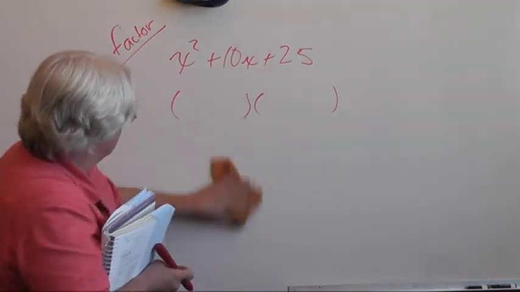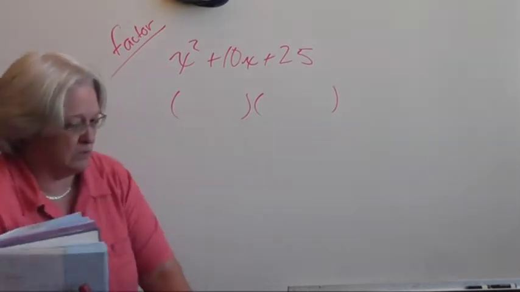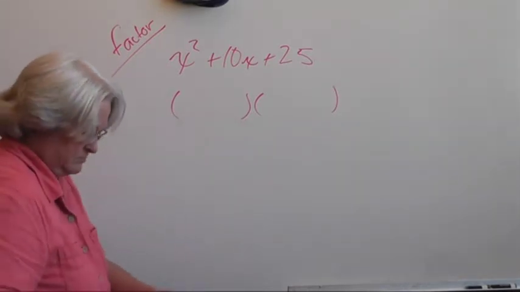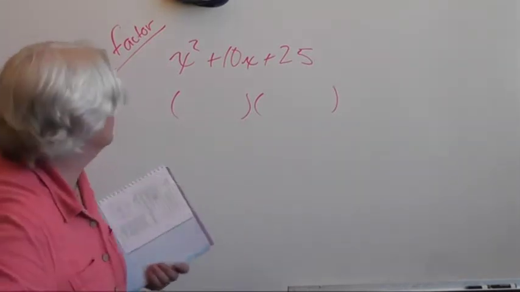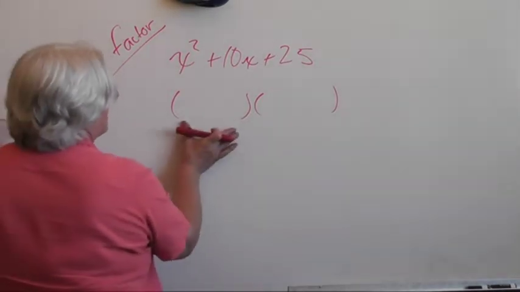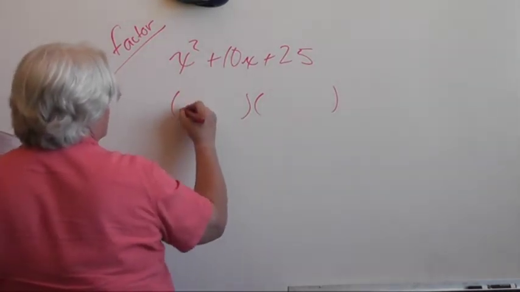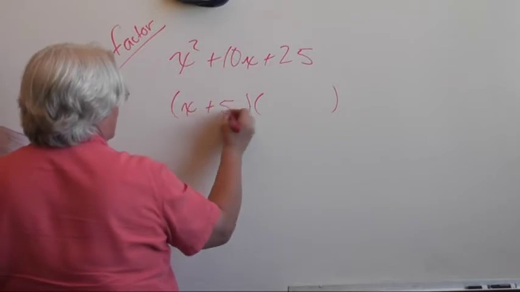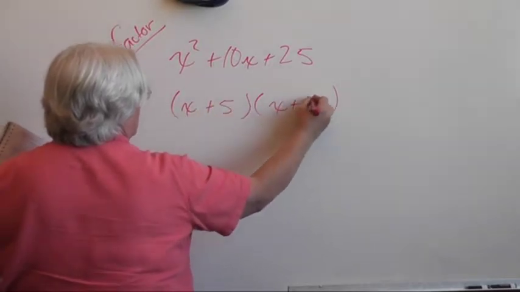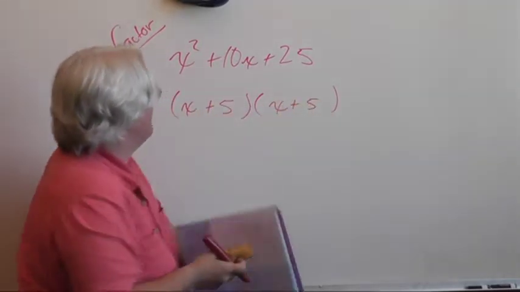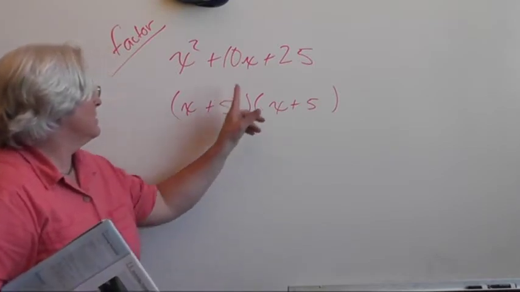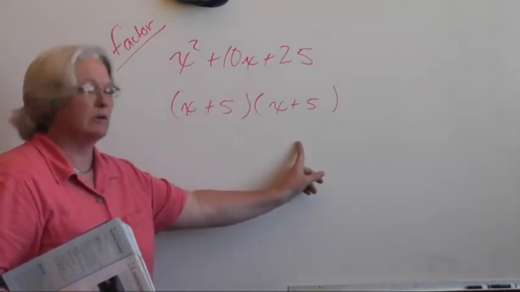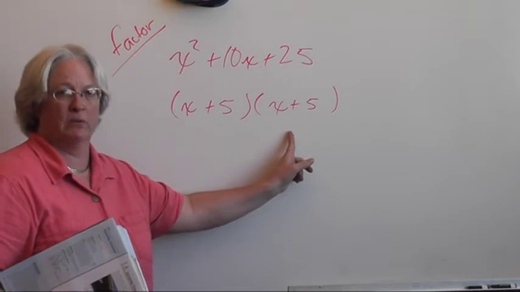So that factors into x plus 5 times x plus 5. The factors are going to be identical with perfect square trinomials.